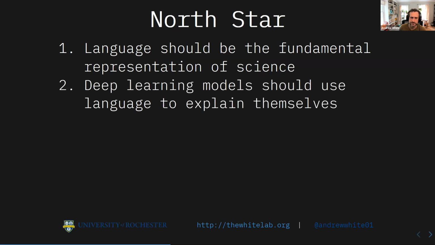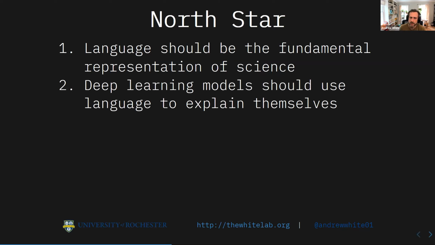And then number two, I'll talk just briefly about, is that deep learning models should be able to work in language as well. So that project I just showed you, it outputs numbers, it outputs predictions, but I think there's been some really great work on making deep learning models from any domain work with language.